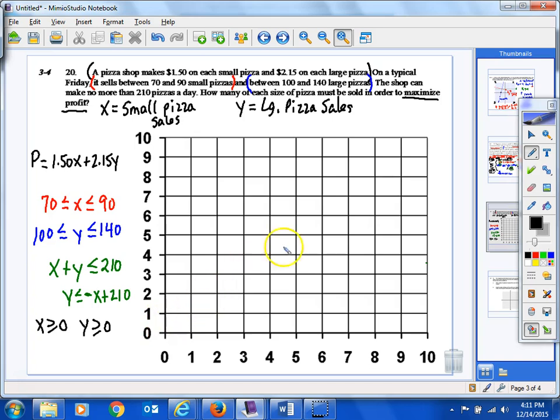Now I went ahead and just gave you quadrant 1 of a graph, which might eliminate the need for drawing these, but they really should be included as part of our system.